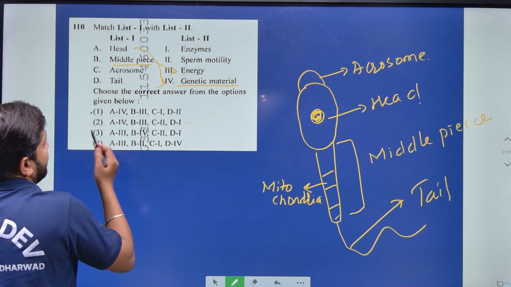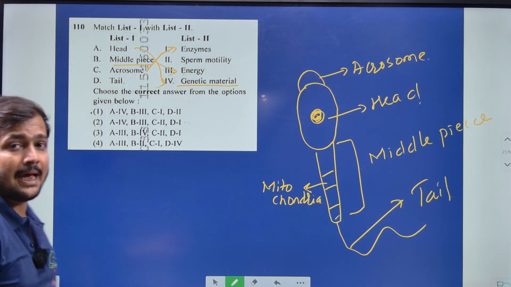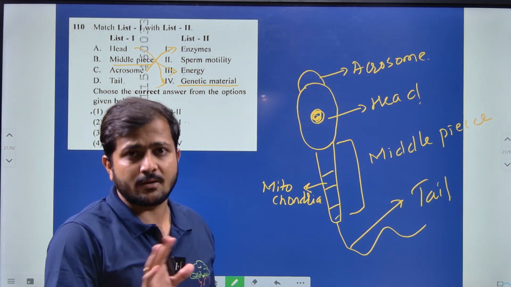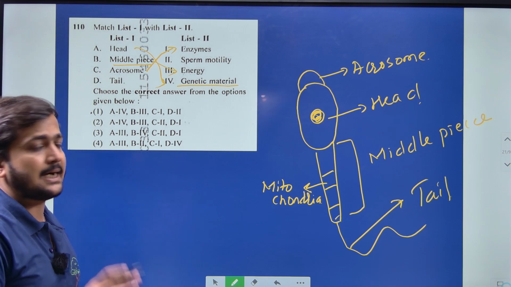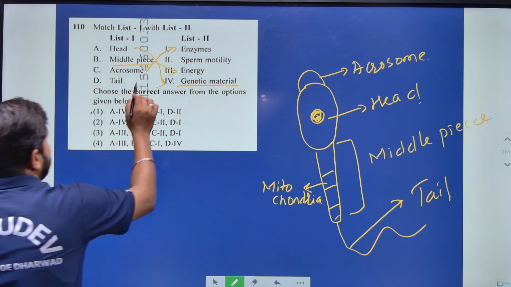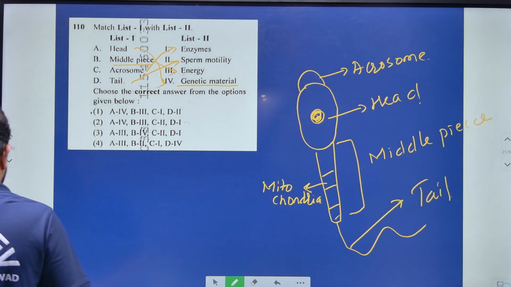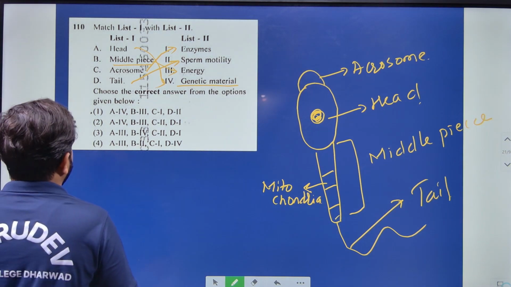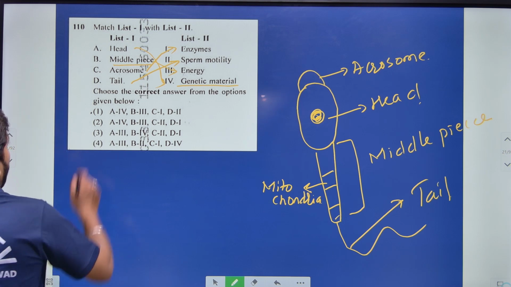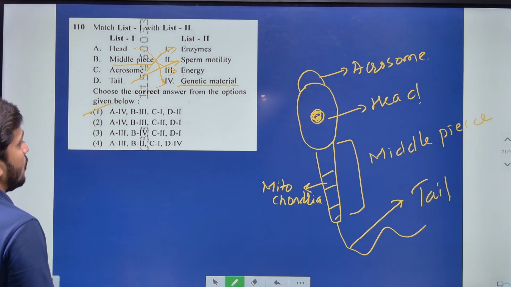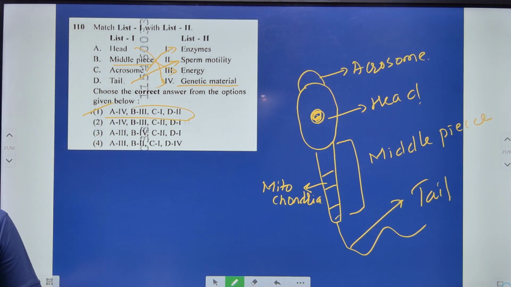Then the acrosome consists of an enzyme, which helps carry out fertilization so that the sperm can enter inside the ova. And the tail is meant for sperm motility. According to that, overall, option 1 is correct, right? So this is what I find.